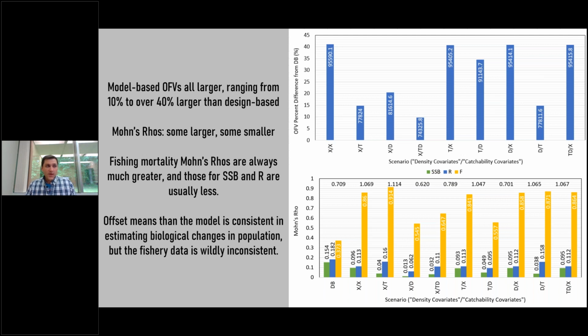So this may point to an offset in the assessment model when these indices are used, where the model is simply sacrificing retrospective bias from biological or population aspects to fishery aspects. Needless to say, fishing mortality calculations seem to be very unreliable when using the modeled indices.